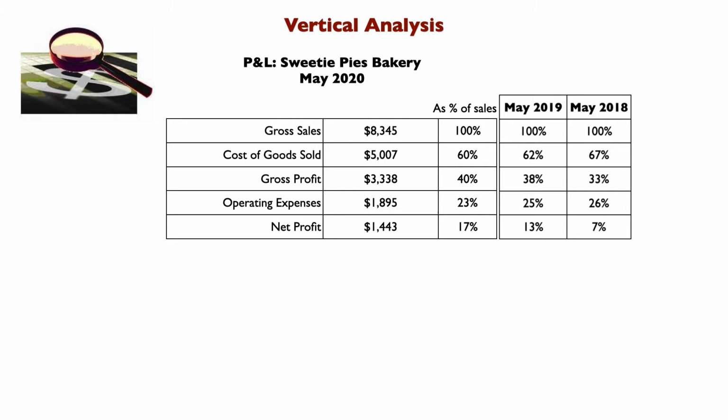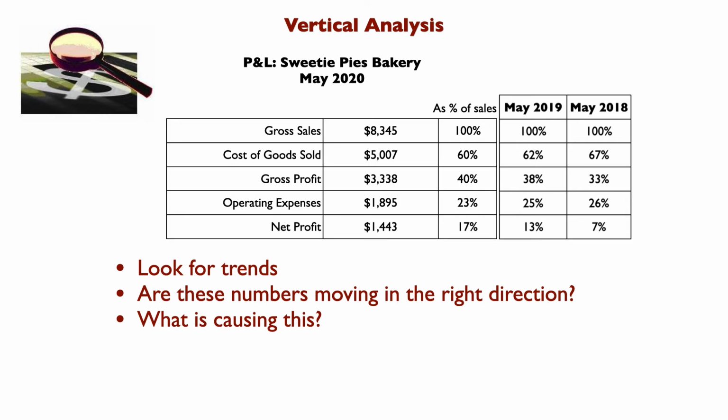She's taken each one of these line items and divided it by the gross sales from that particular month. This normalizes the numbers so that we can actually compare. So reading from right to left, from earlier to current, first thing we do is look for trends. Sarah sees numbers are moving.